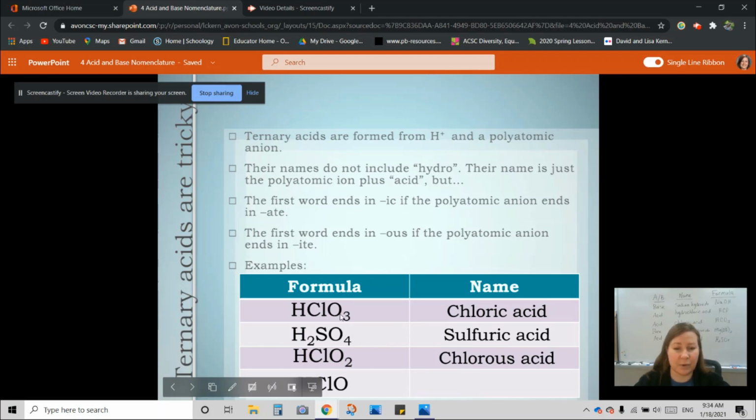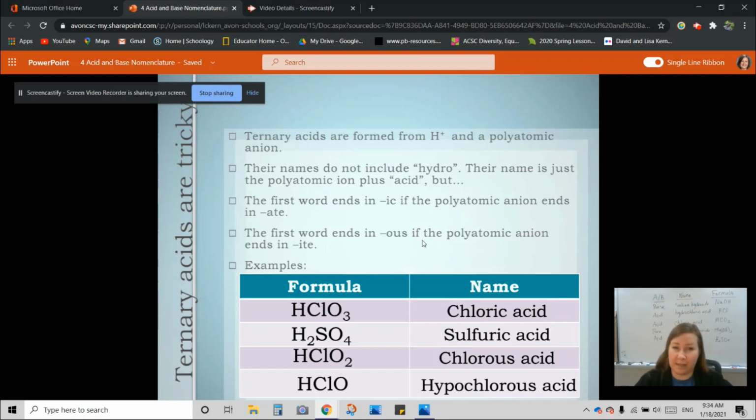Well, ClO3 is -ate, ClO2 is -ite. ClO is going to be 2 less oxygen, so that's hypo-ite. So this is hypochlorite ion. But if it's ending in -ite, we use the -ous ending for our acids. So this is going to be hypochlorous acid.